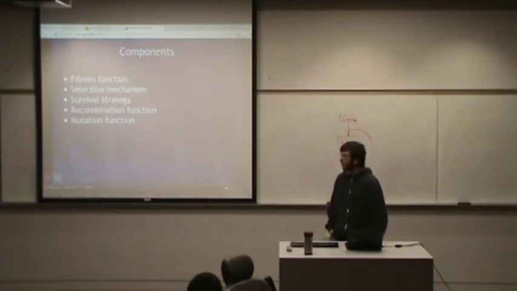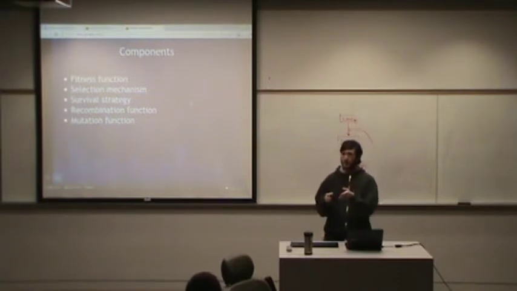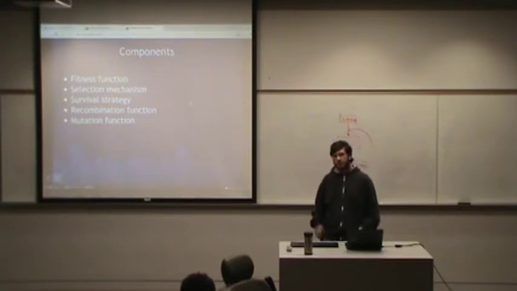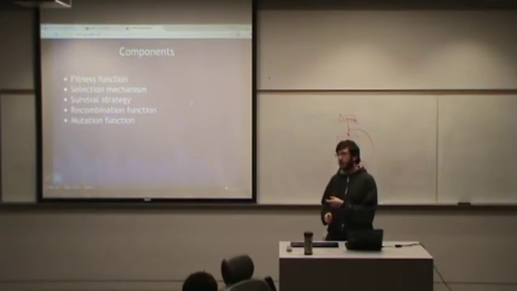You have your recombination function, which is just how you take 2 parents to produce 2 children. You can either cross over at a single point, cross over at multiple points, or various other things. And then you have your mutation function, which can sometimes be tricky to write because you want a small mutation to correspond to a small change in fitness, but that's not always predictable.